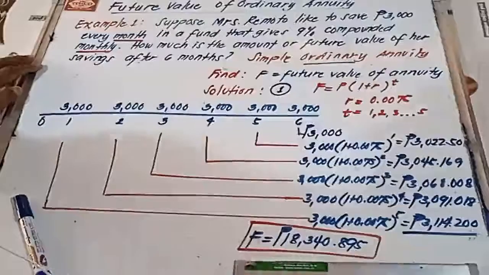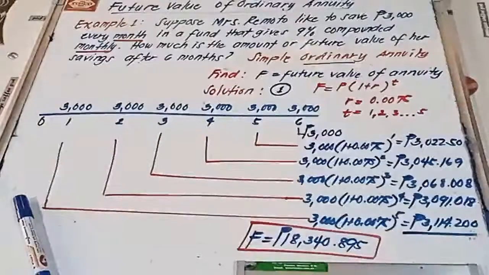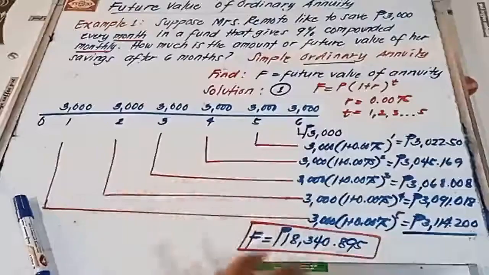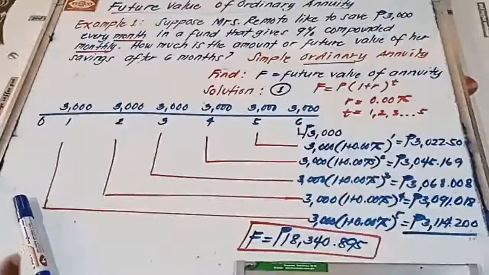Now, you might wonder, what if it were 2 years to get the future value of our ordinary annuity? The solution would be very long. There is a second way to determine the future value of an annuity, that is using the formula for the future value of an ordinary annuity. That will be my second video on how to solve the future value of an ordinary annuity. So, thank you.